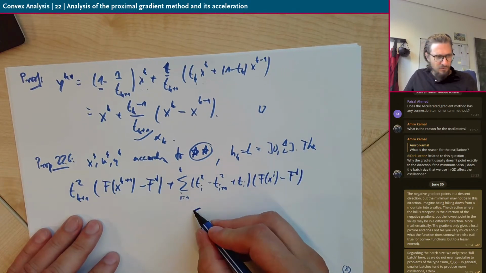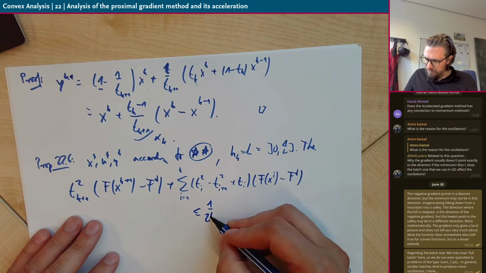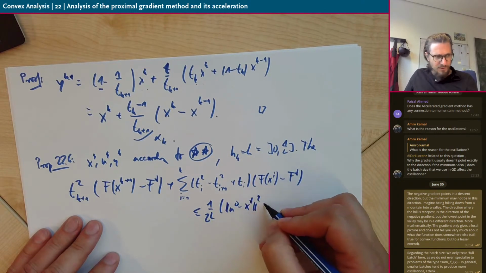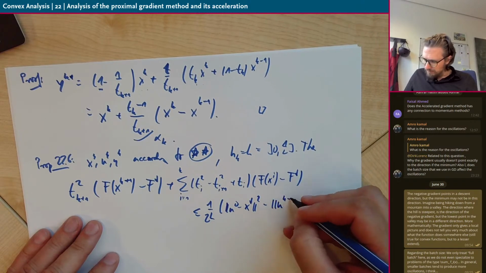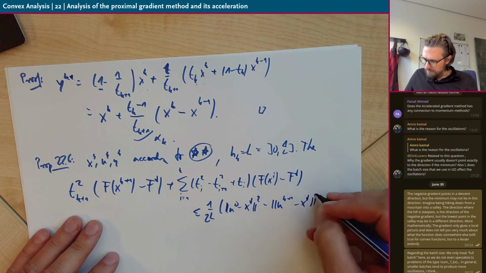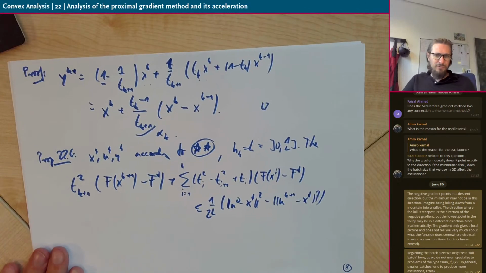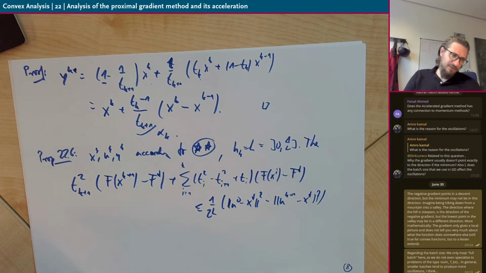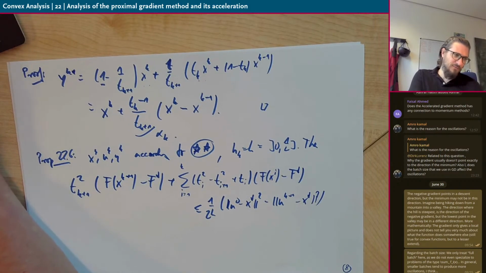And this is then smaller equal to 1 over 2h times u0 minus x star squared minus uk plus 1 minus x star squared. And this should remind you of one of the results we had yesterday about the accelerated gradient method in the L-smooth case.